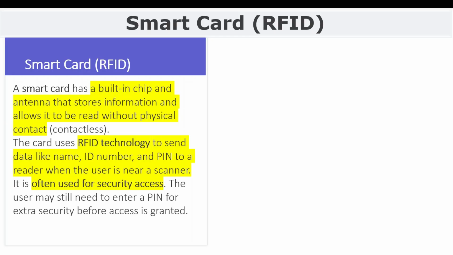However, with the same card, if the amount to be deducted is quite a large amount, you need to provide an extra layer of security by putting in a PIN before the money can be deducted from your account.